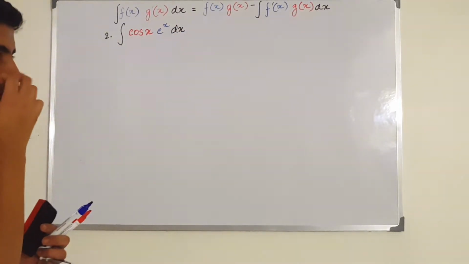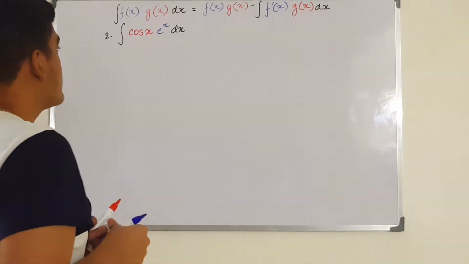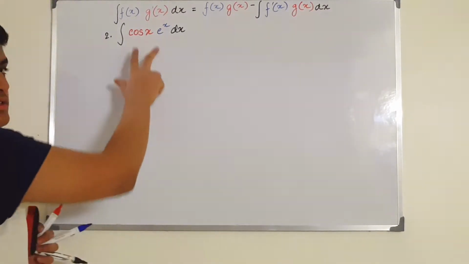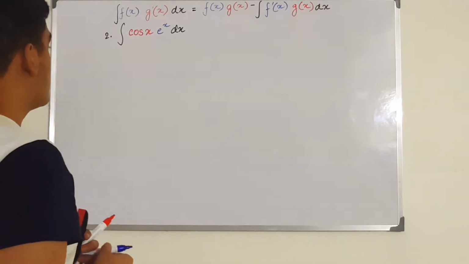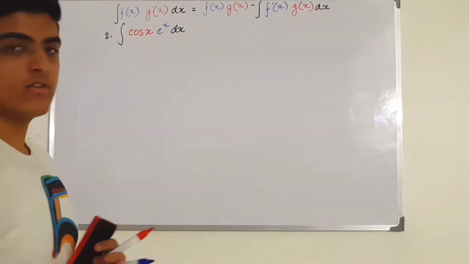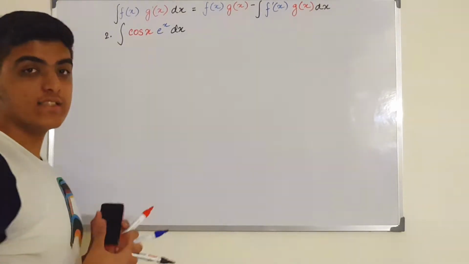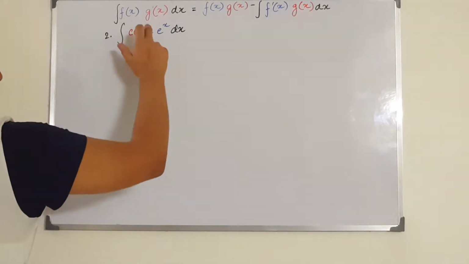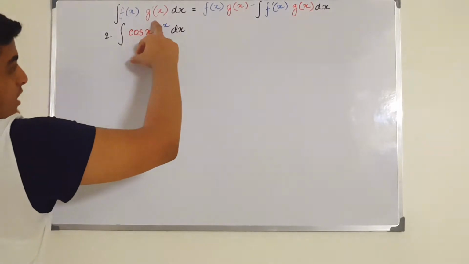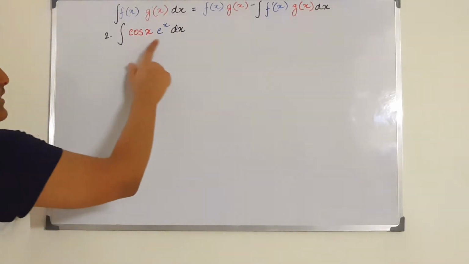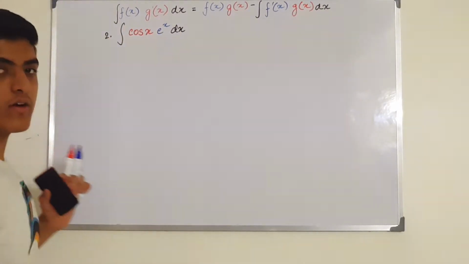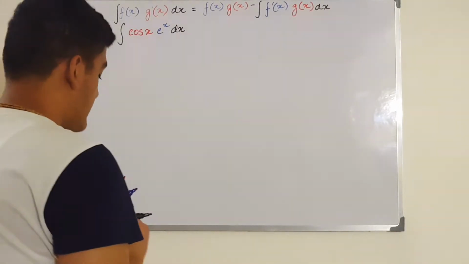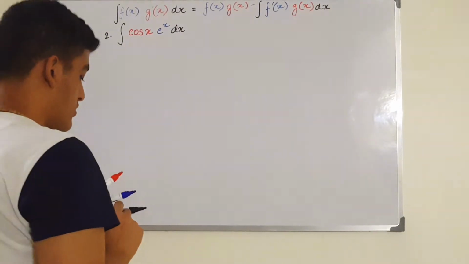Now you might be wondering, why have I interchanged the colors in this? Have I made a mistake? No, I haven't. It's supposed to be solved this way. I mean that g prime x would be cos x and f of x is e to the power x in this case.